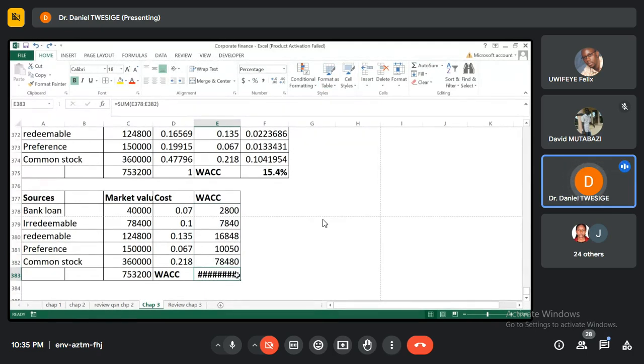One was giving me the answer in percentage because I had put percentage. How do I remove it? Number. Okay.